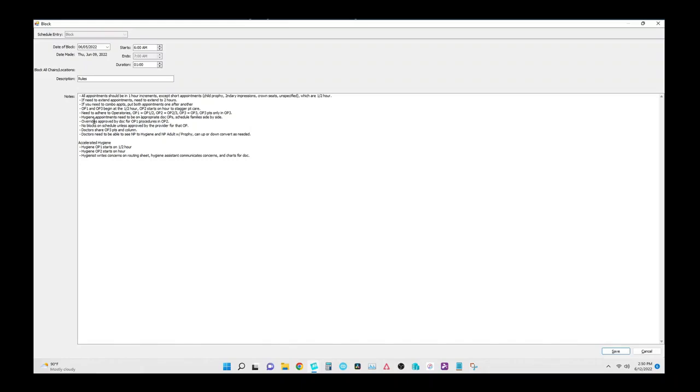Another thing that we've run into is doctors getting super stressed out when there's two root canals side by side. So if you are going to put an OP1 procedure into OP2, okay, especially the larger ones like root canals, crown preps, things like that, you need to have the notation of the doctor override.